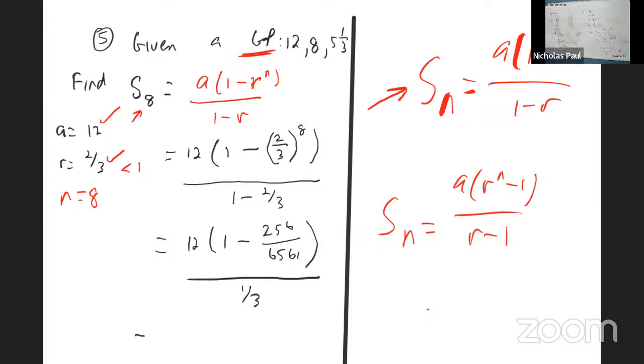Now go take the calculator and put in 1 minus 256 over 6561. Tell me what you get. Right, and now put 12 multiplied by that, divided by 1 fraction 3, and you should get your answer.